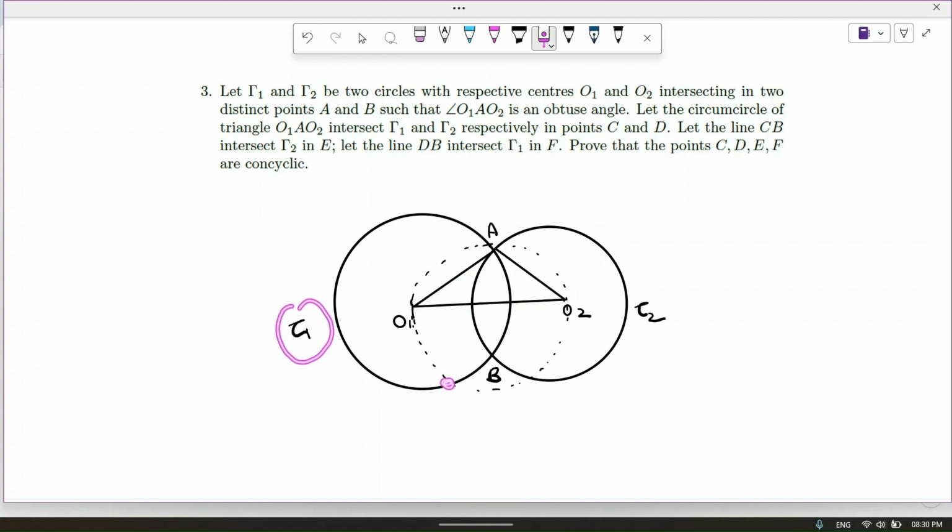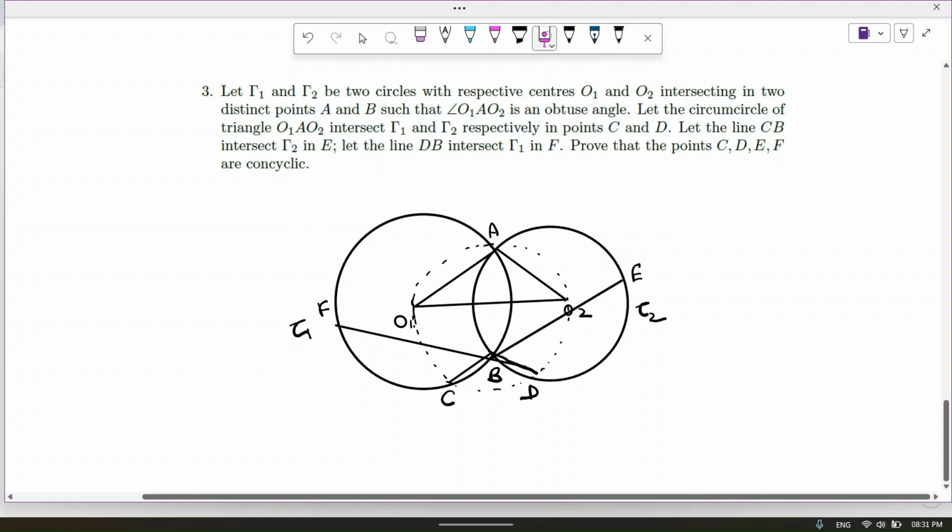We call it C, and this circle at this point D. Now we are joining BC, which intersects tau2 at point E, and again we are joining B and D, which intersects tau1 at point F.